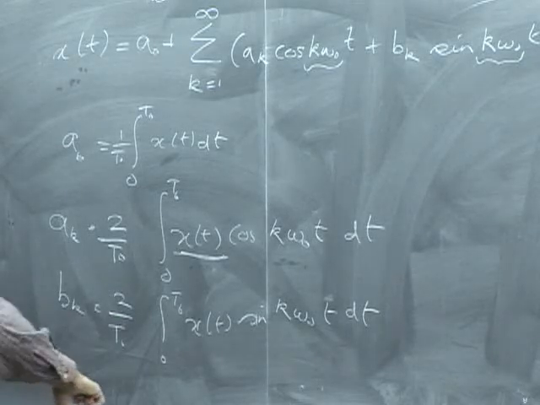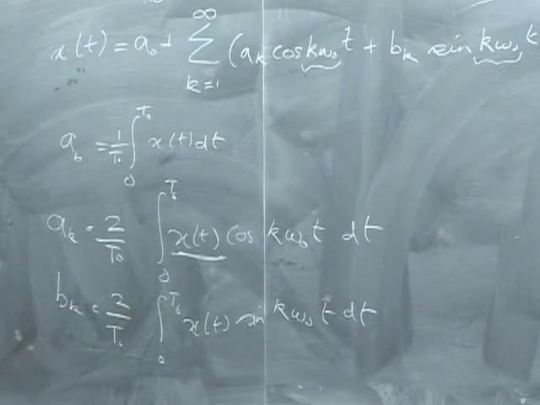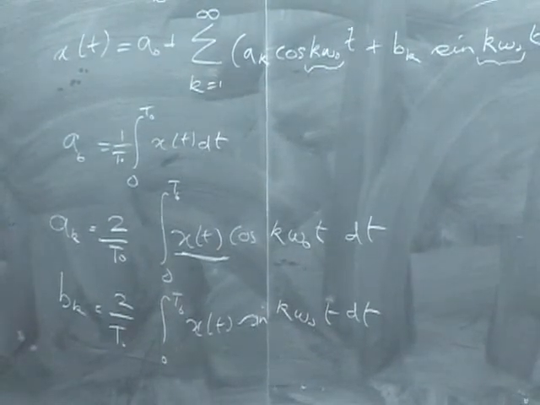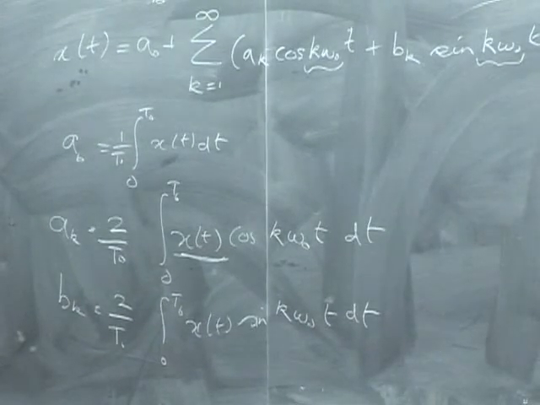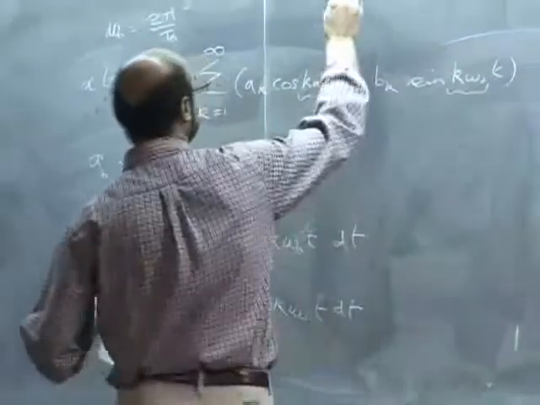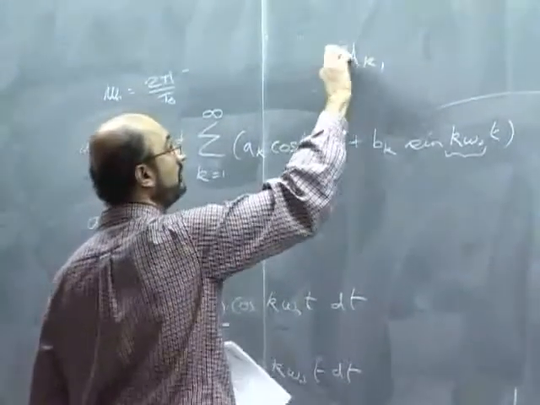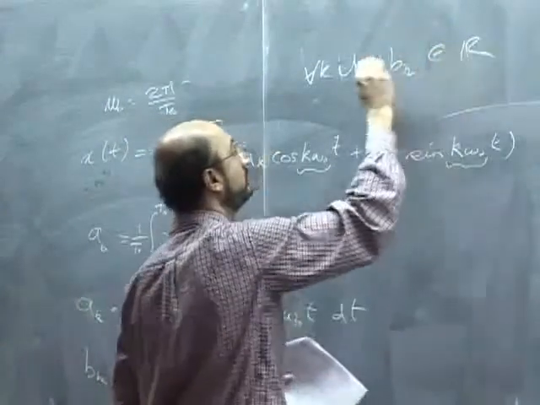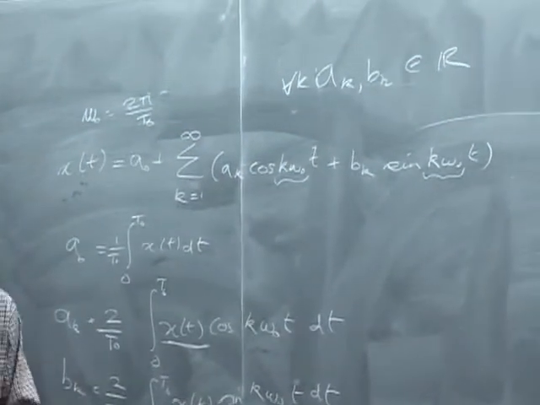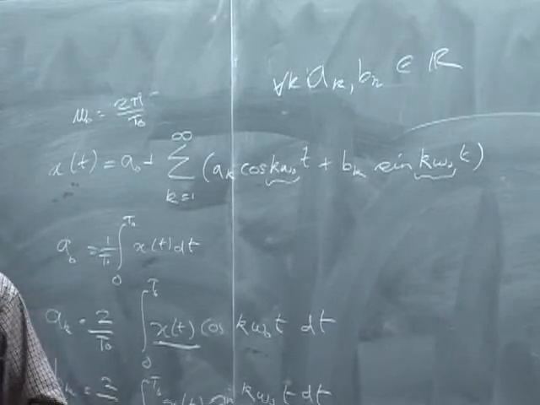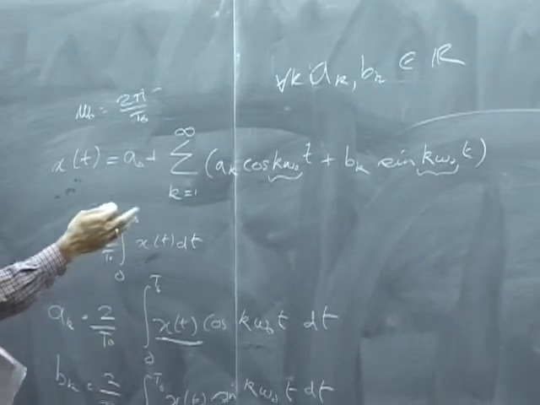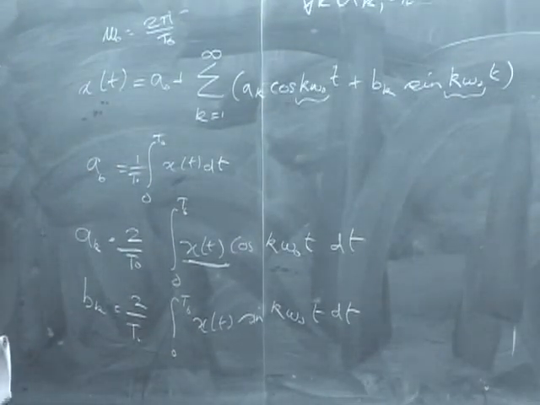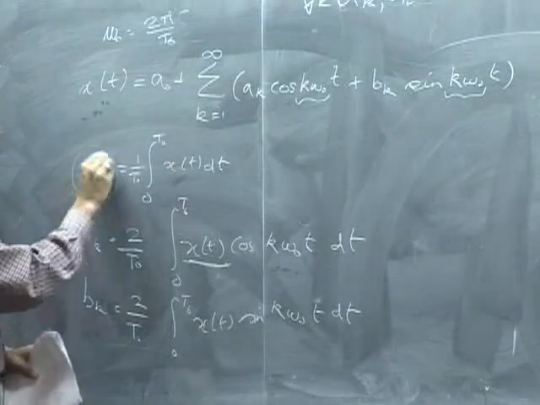Then we can do a little bit of math to make that form simpler. I should add that ak and bk are reals, so for all k, ak and bk belong to the reals. I can use a little bit of math to reduce this to a simpler form by allowing the factors to be complex.